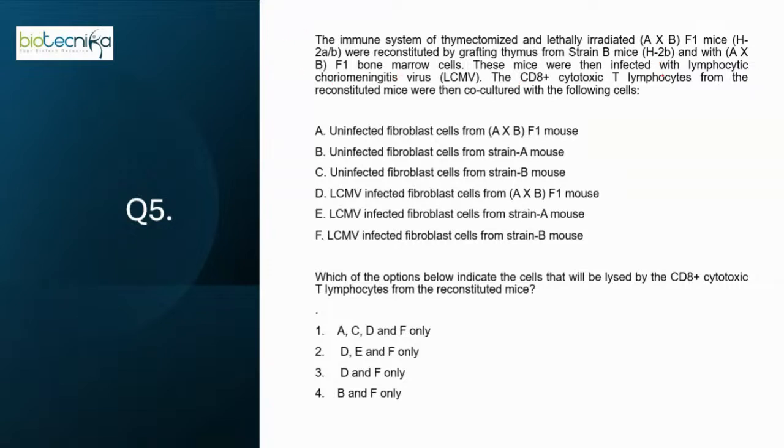These mice were then infected with lymphocytic choriomeningitis virus. The CD8 cytotoxic T lymphocytes from the reconstituted mice were then co-cultured with the following cells. Which of the proteins below indicate the cells that will be lysed by CD8 cytotoxic T lymphocytes from the reconstituted mice?